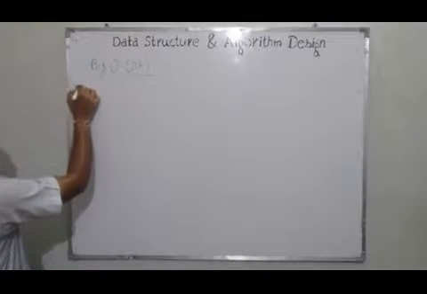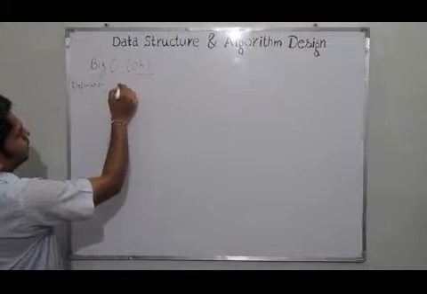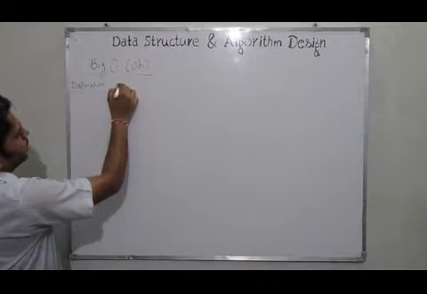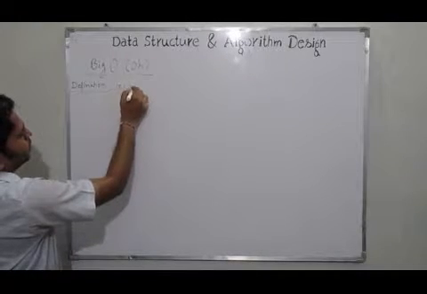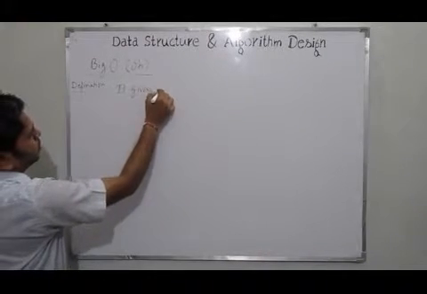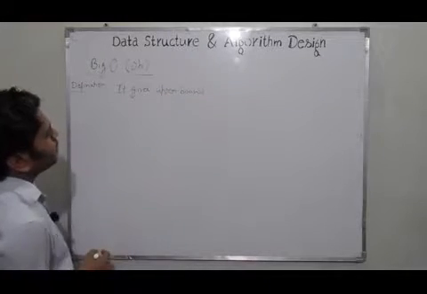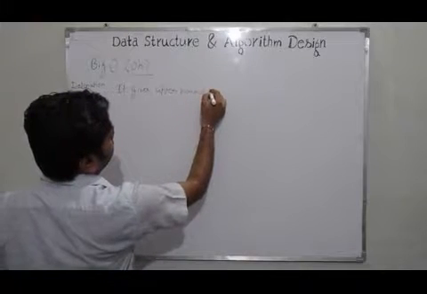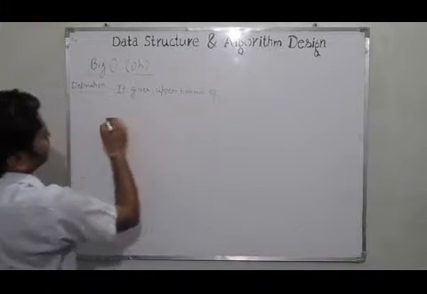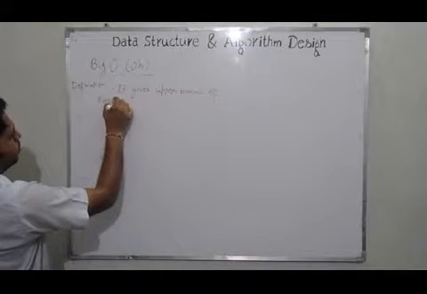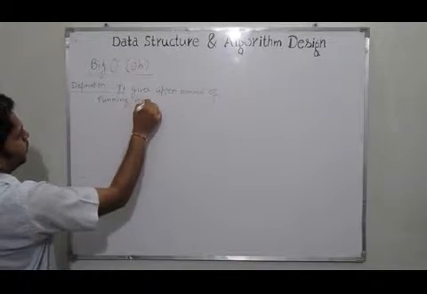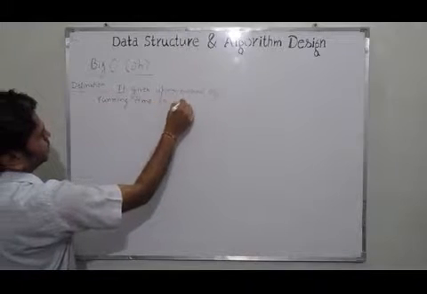First, we have to consider the definition of big O. And the definition of big O simply says that it gives an upper bound of running time for a given algorithm.